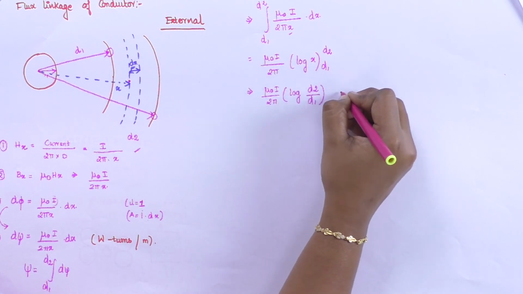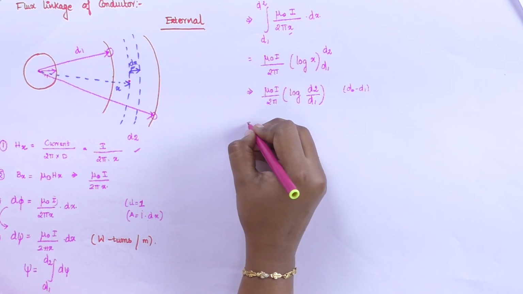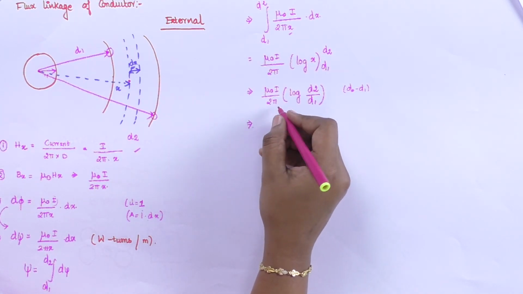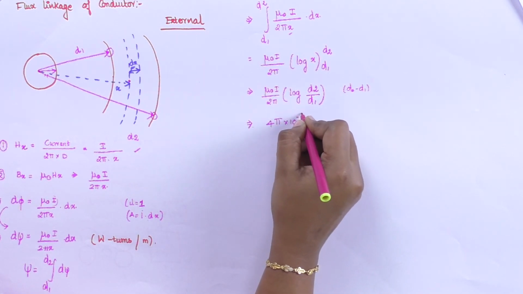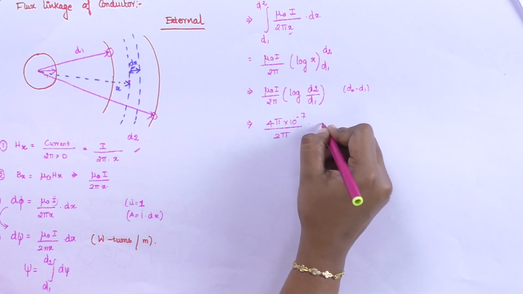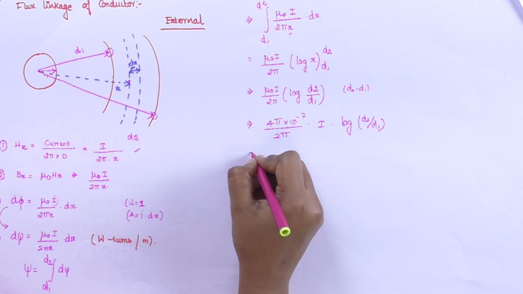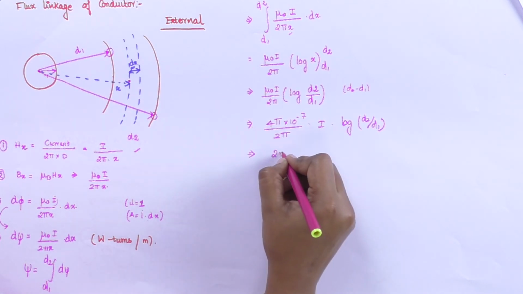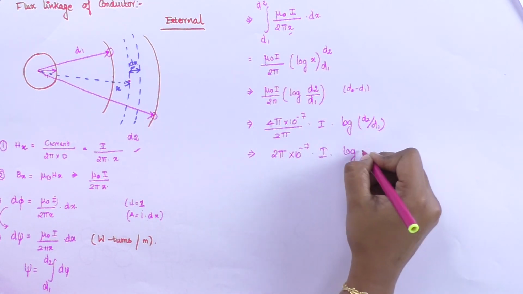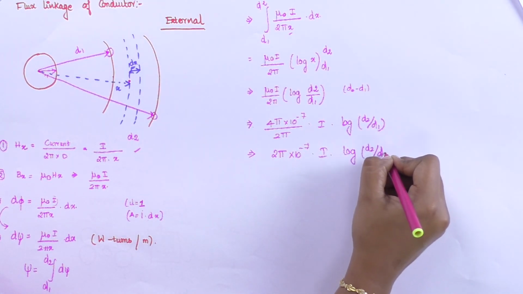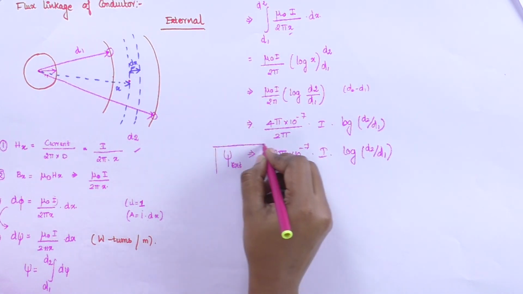Since the log of d2 minus log of d1 will be log of d2 divided by d1. So rearranging the mu naught terms, substituting the value of mu naught, 4 pi into 10 to the power minus 7 divided by 2 pi into I into log of d2 divided by d1, which is equal to 2 into 10 to the power minus 7 into I into log of d2 divided by d1. This is the flux linkage due to the external conductor.